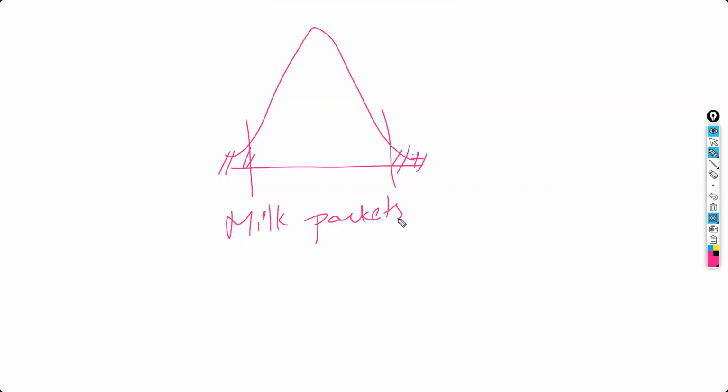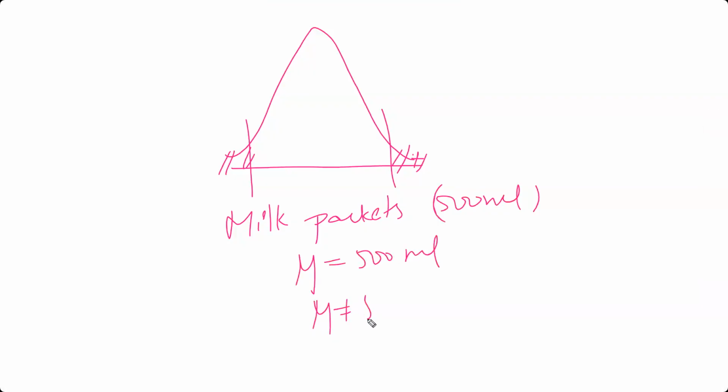Milk packets of 500 ml, where mu is exactly equal to 500 ml, and mu is not equal to 500 ml. If it is more it is a problem, if it is less it is also a problem. So in this case, we are going to have the two-tailed rejection.